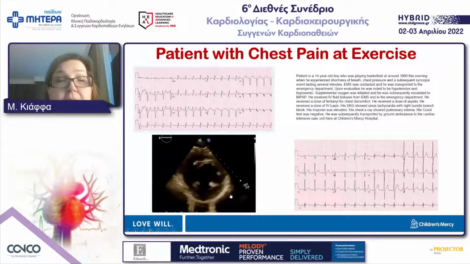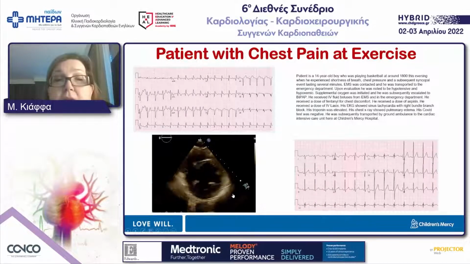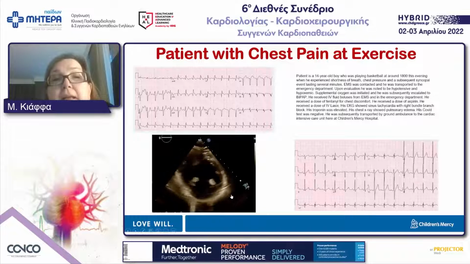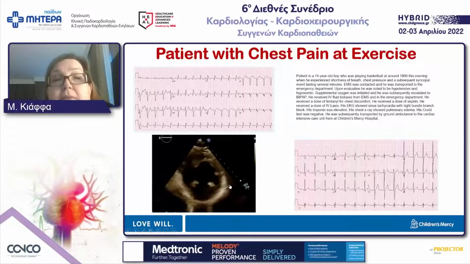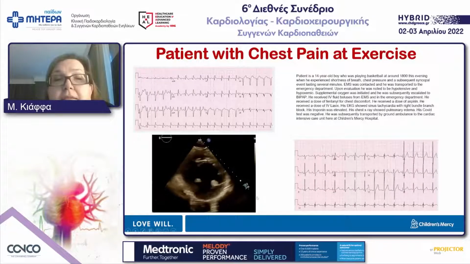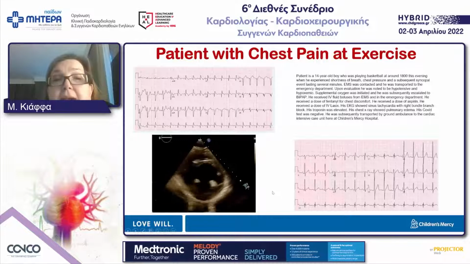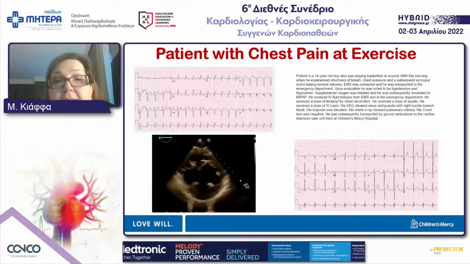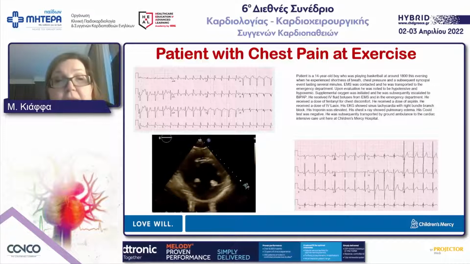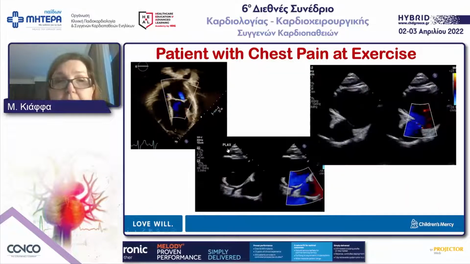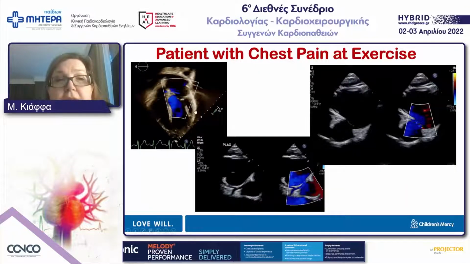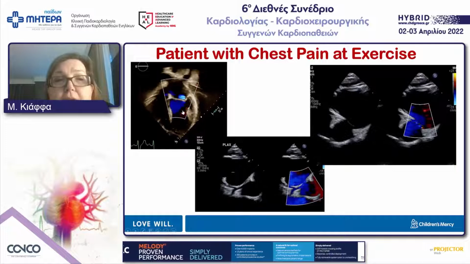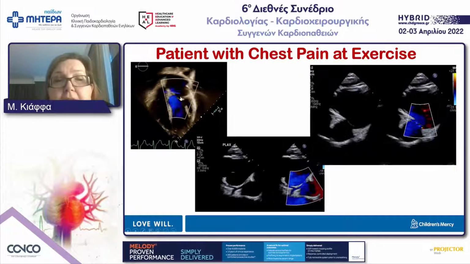Unfortunately, our adult colleagues could not catheterize his left coronary, which had an intramural course and was coming from the right sinus of Valsalva. During his catheterization, he arrested, had CPR, and ended up on ECMO. This is how his left ventricle looks on a 4-chamber view. You can see that he has some mitral regurgitation.